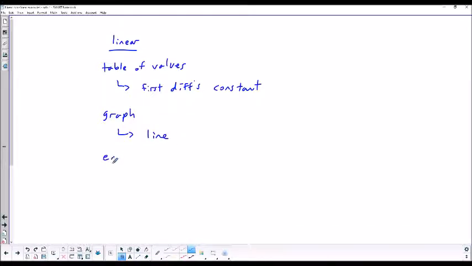And for an equation, the degree is 1. Okay, remember, degree is referring to the exponent on the variables. Okay, so you can't have any variables with an exponent that's not 1. Okay, and then for nonlinear, it's just the opposites of all these. First differences are not constant, the graph is nonlinear, and the degree of an equation is something. There will be somewhere, one of the variables have a degree that's not exactly 1.